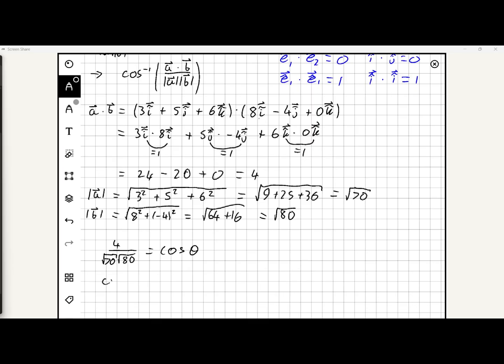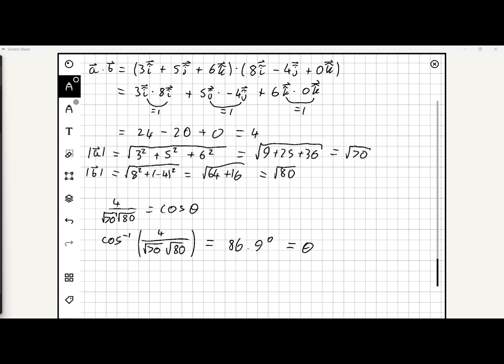We'll do the inverse cosine of 4 over root 70 times root 80, and that finally gets us 86.9 degrees. That's a wonky looking 8. There we go. And that is our angle theta, which is between the vectors.